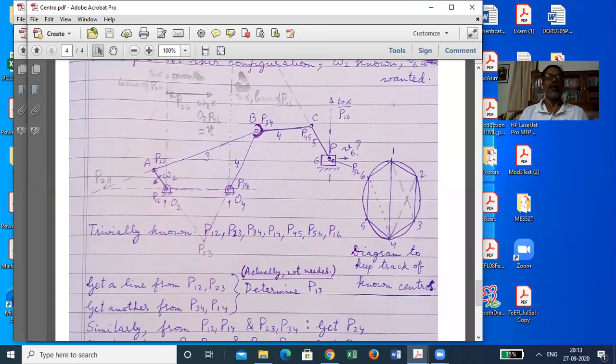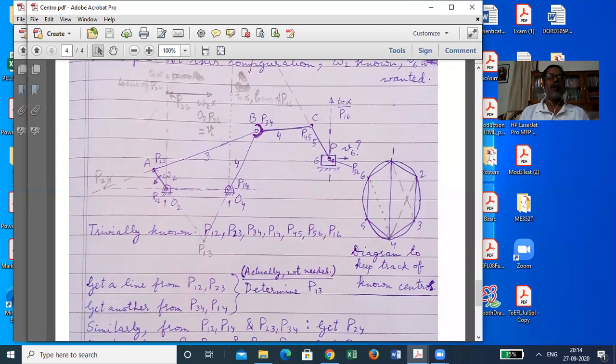So considering this P16, for this centro P16, actually the direction is important, not whether you start from here or here, because at infinite distance, this infinite distance and this infinite distance will go to the same point.